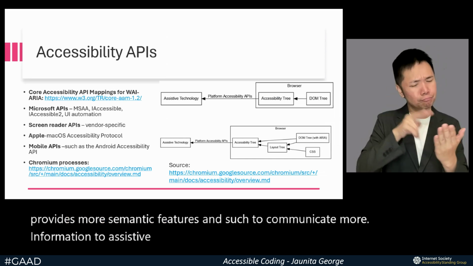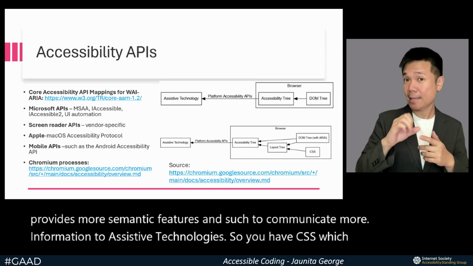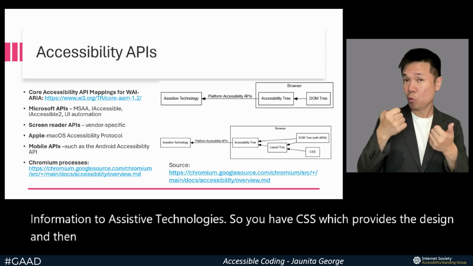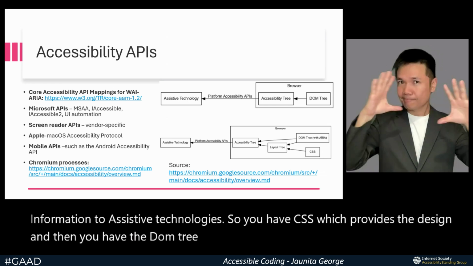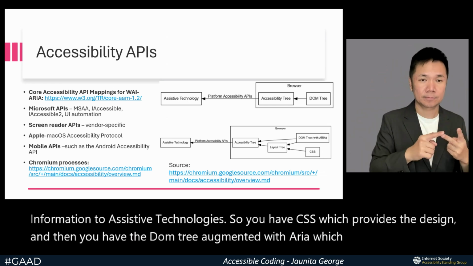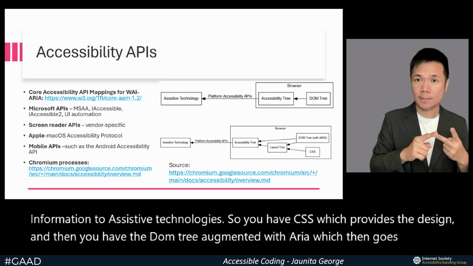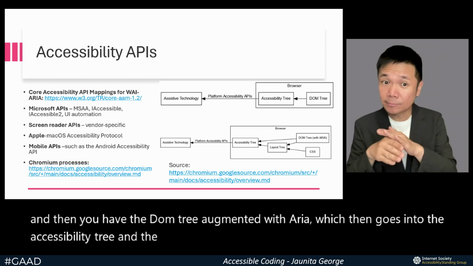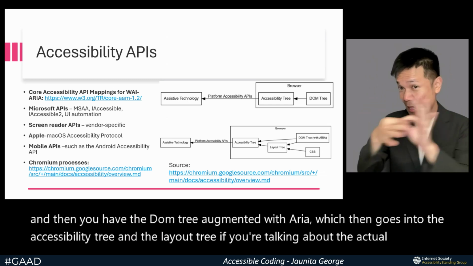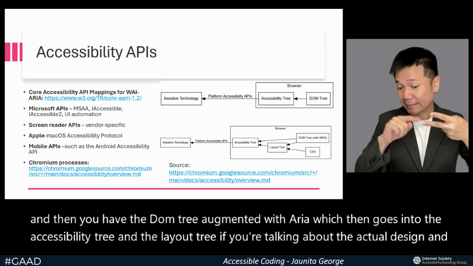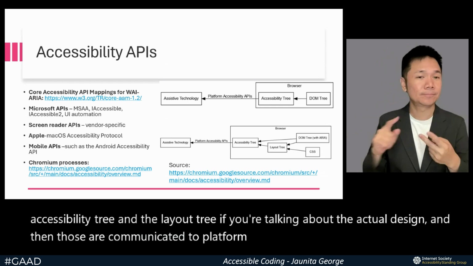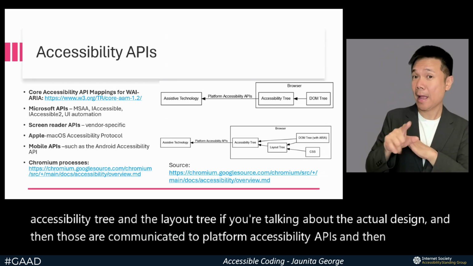So you have CSS, which provides the design, and then you have the DOM tree augmented with ARIA, which then goes into the accessibility tree and the layout tree if you're talking about the actual design. And then those are communicated to platform accessibility APIs and then to assistive technology.